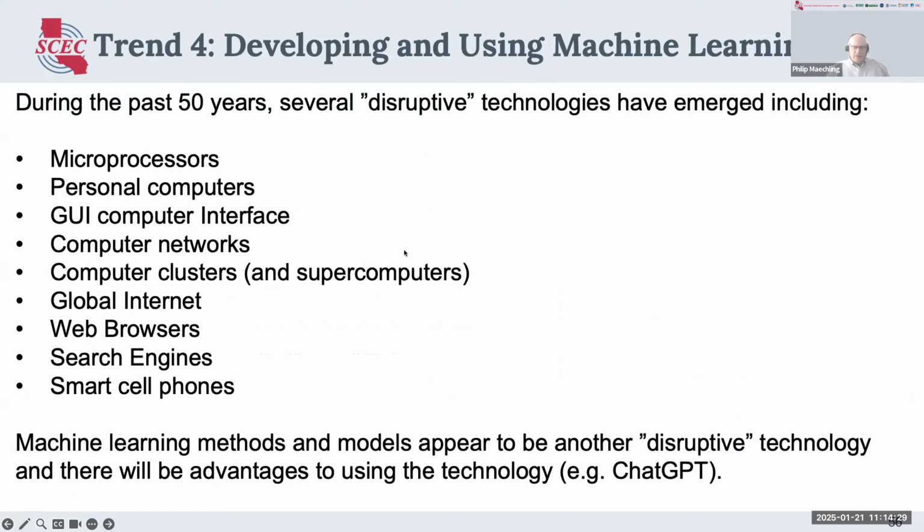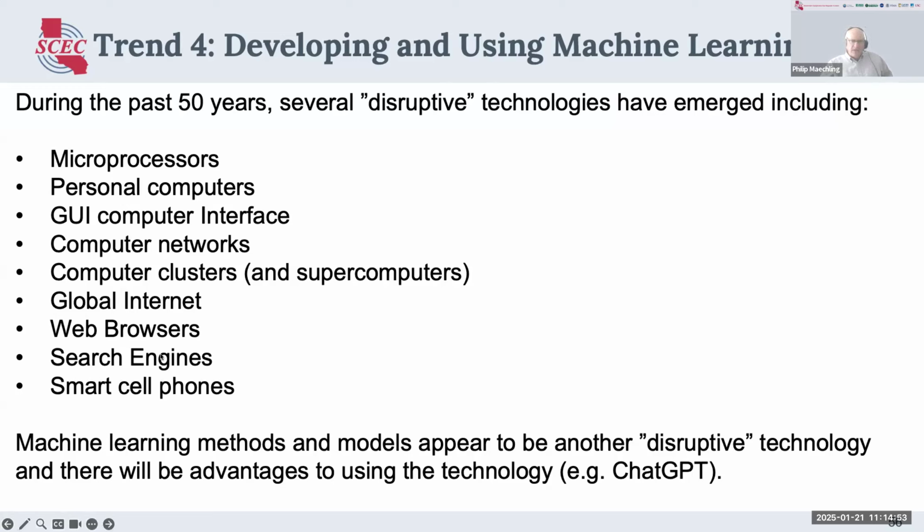The last comment here is just reflecting on what the disruptive or transformative technologies are. Several have emerged over the last 50 years. Here's a personal list I made: microprocessors, personal computers, GUI interfaces, networks, clusters, global internet, web browsers, search engines, cell phones.